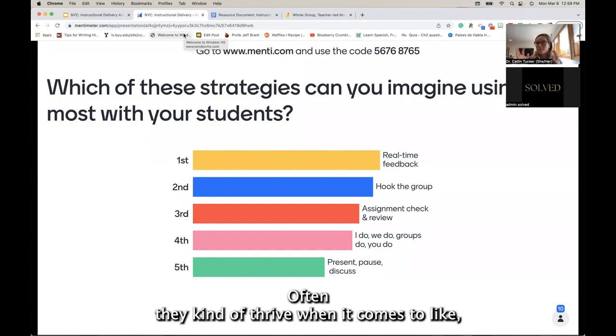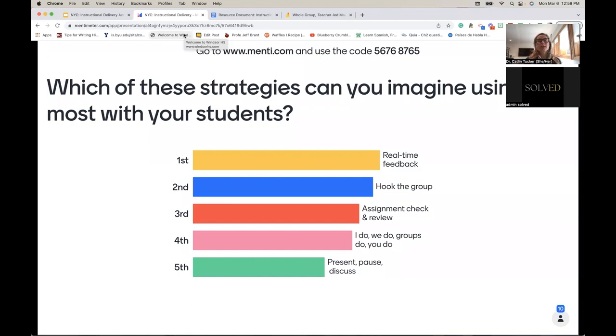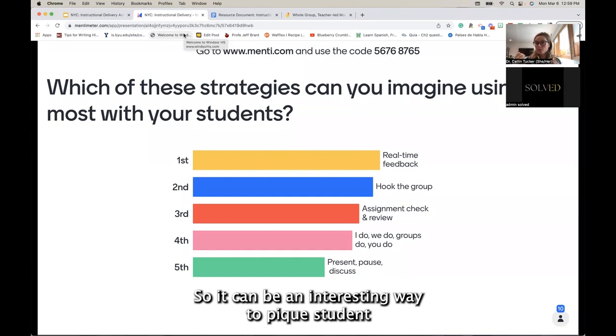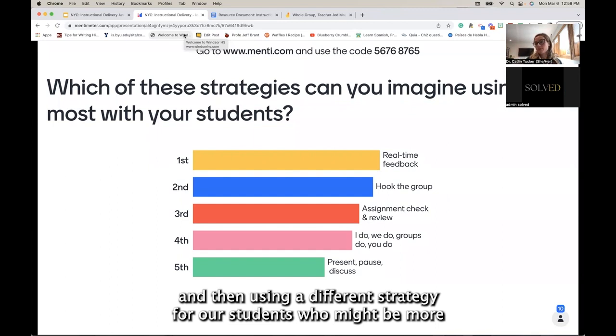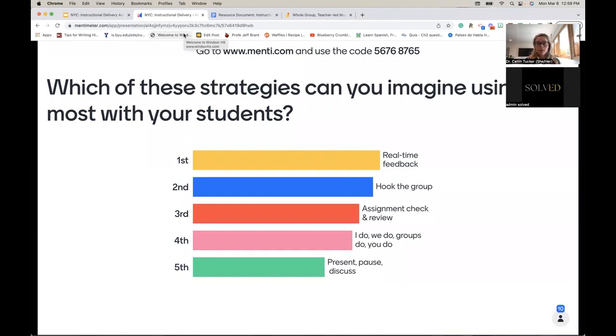Often they thrive when it comes to not knowing how to do something, instead of shutting down. So it can be an interesting way to pique student interest for our high achievers using hook the group, and then using a different strategy for our students who might be more in the middle or a little lower level in relation to a particular skill.